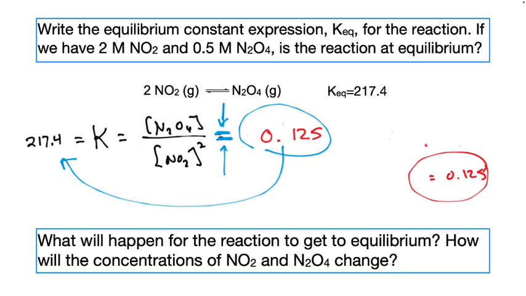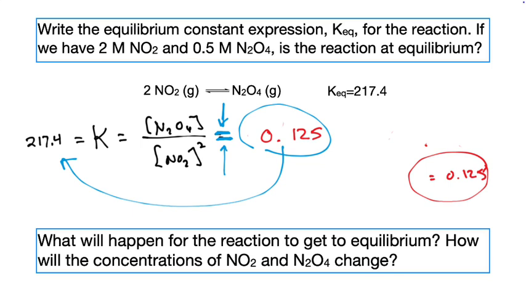I need more products than reactants. To get a K that's larger than 1, I need more products than I have reactants. I've currently got a, in air quotes, K that's less than 1. So I need more products than reactants. We need to add more products.